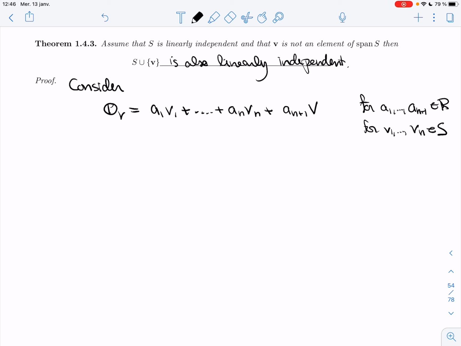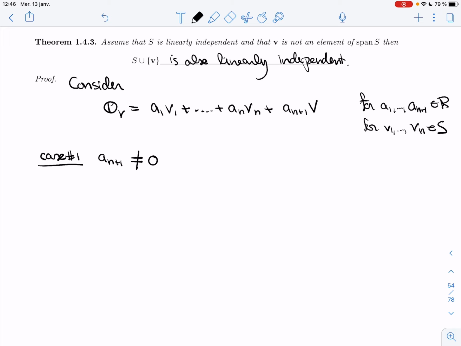To prove this, I'm going to go case by case. First case, what if An plus 1 isn't 0? All right, if An plus 1 is not 0, then I'll be able to do what I've done before, and that's isolate V. So I'll get minus An plus 1 V equals A1 V1 plus An Vn.